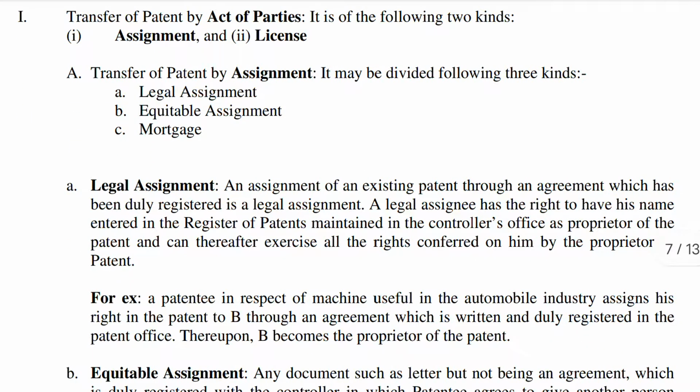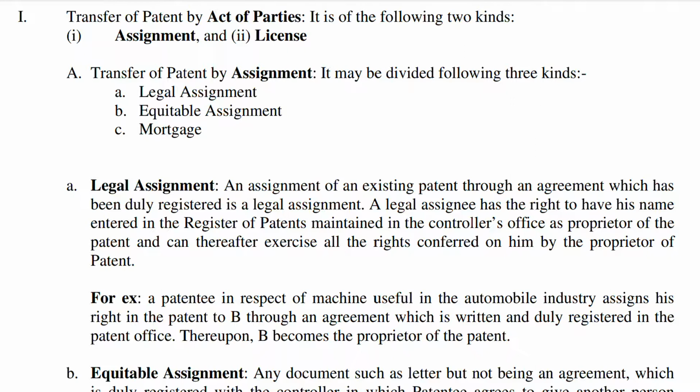So the first one is legal assignment. An assignment of an existing patent through an agreement which has been duly registered is a legal assignment. A legal assignee has the right to have his name entered in the register of patents maintained in the controller's office as proprietor of the patent and can thereafter exercise all the rights conferred on the proprietor of the patent.